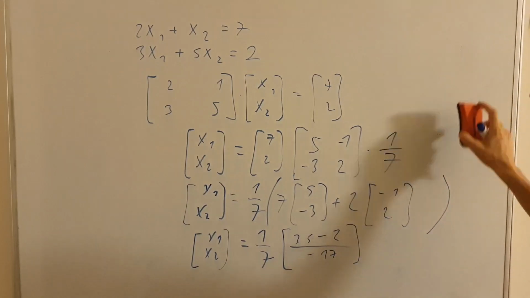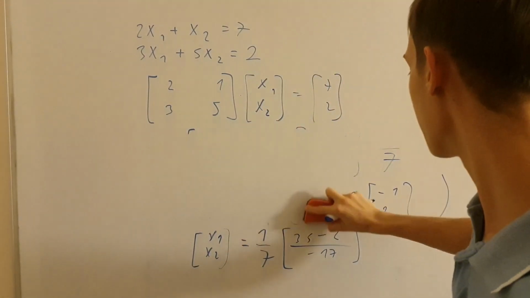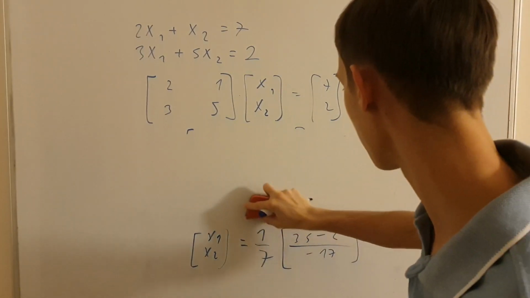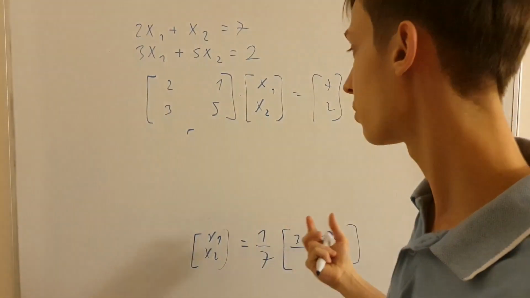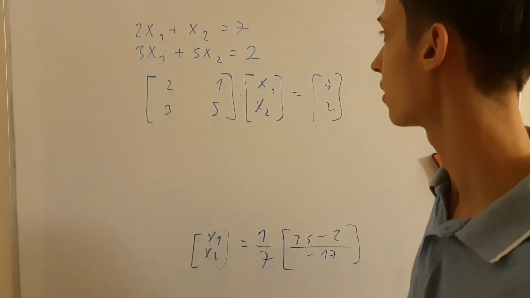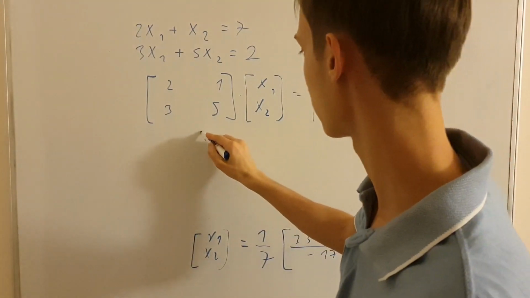Alright, so now I can delete the previous steps, and basically the idea here is that I finally got an explicit expression for x1, x2, which is the result to this linear system, because x1, x2 are the desired values, they are what we seek.